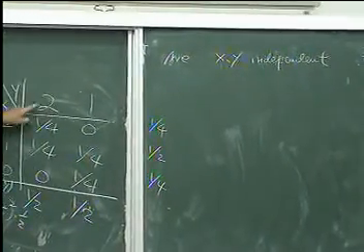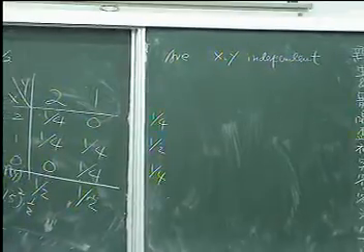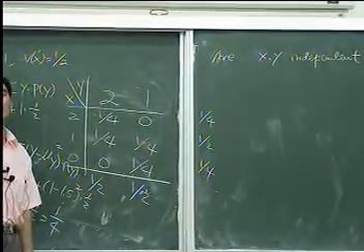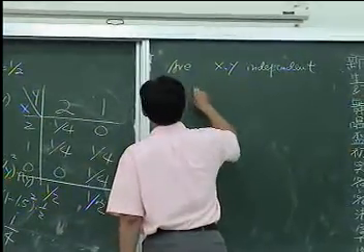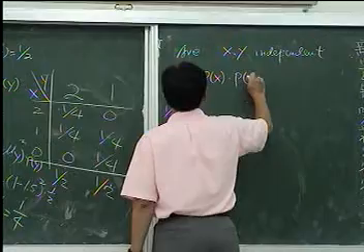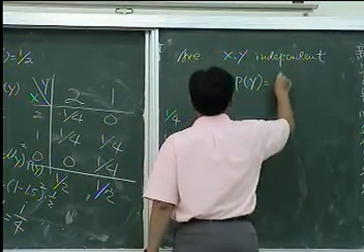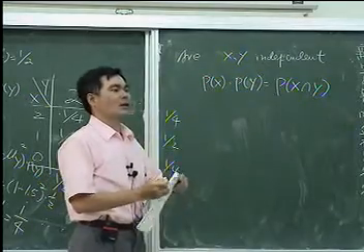Are these two variables independent? There's one way to verify. Let us say P(X) times P(Y), if it is equal to P(X and Y), then they are independent, right?